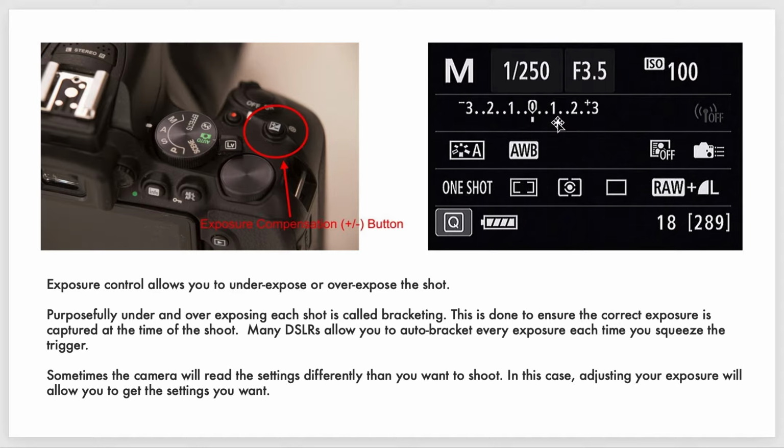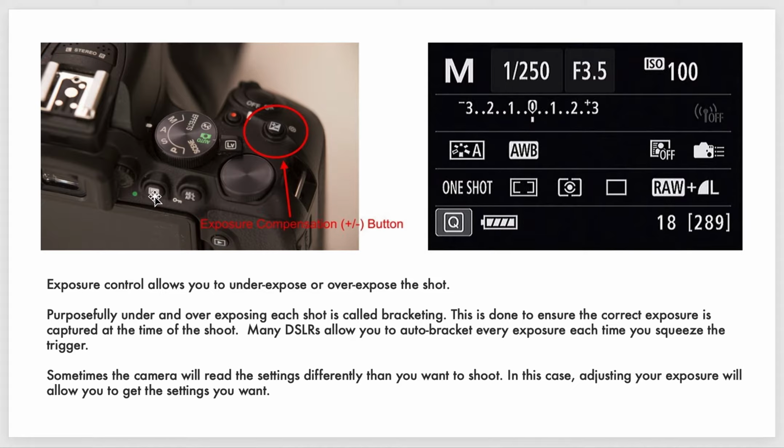That's just a purposeful way to make sure that you're getting the right exposure in the moment. Now you can take it into Photoshop or Lightroom and adjust it. But also with this, you can purposefully over and underexpose your shots for mood or artistic setting. Many DSLRs allow you to auto bracket every exposure each time you squeeze the trigger, and that is one of your settings.